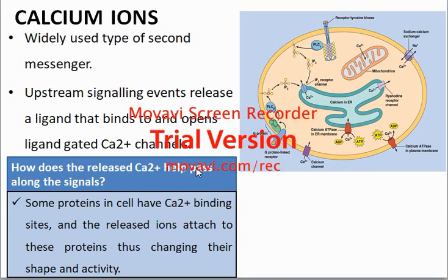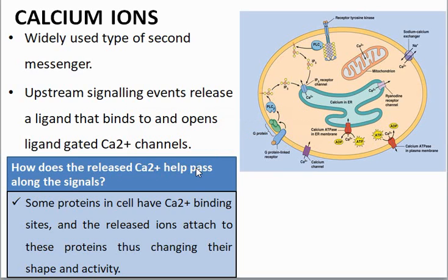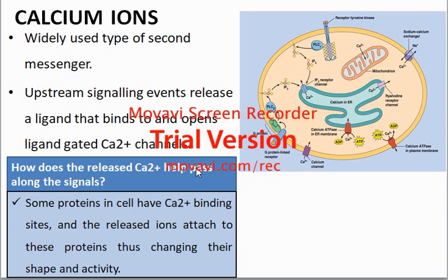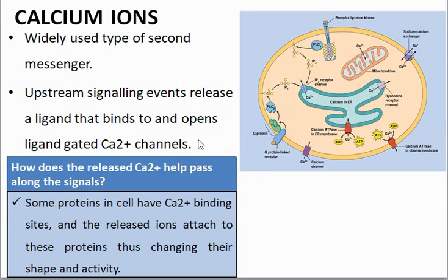In pathways that use calcium ions as second messengers, upstream signaling events release a ligand that binds to and opens ligand-gated calcium ion channels. These channels open and allow the higher levels of Ca2+ that are present outside the cell or in intracellular storage compartments to flow into the cytoplasm, raising the concentration of cytoplasmic Ca2+.